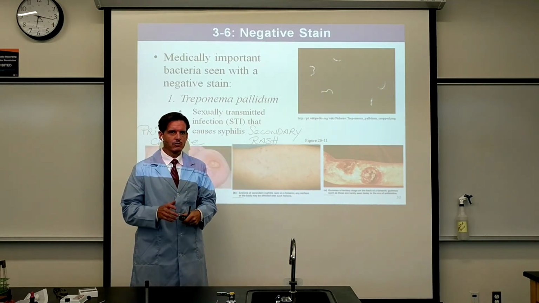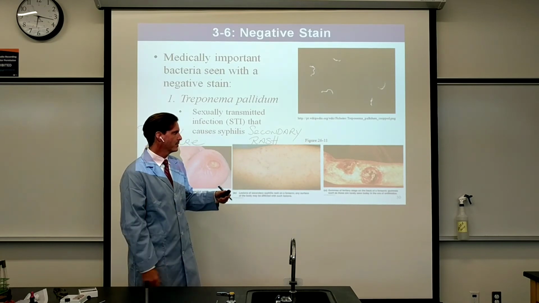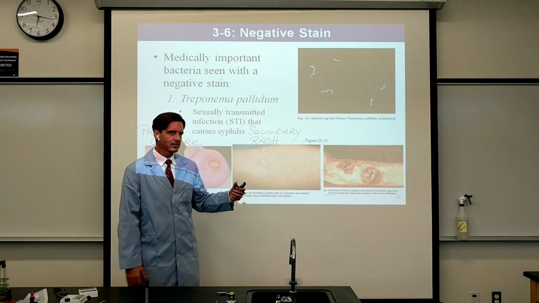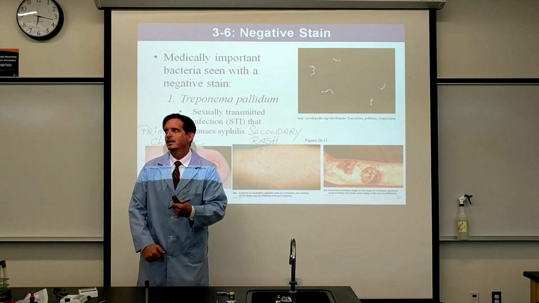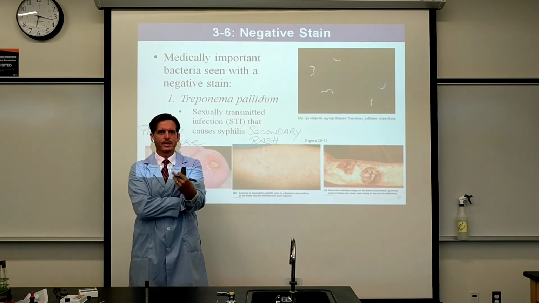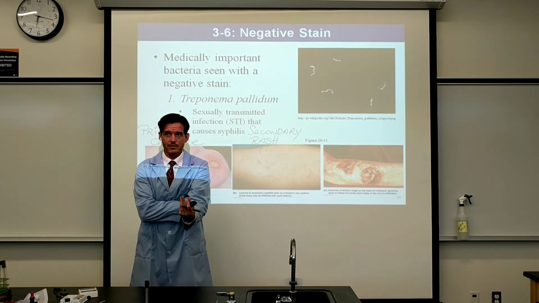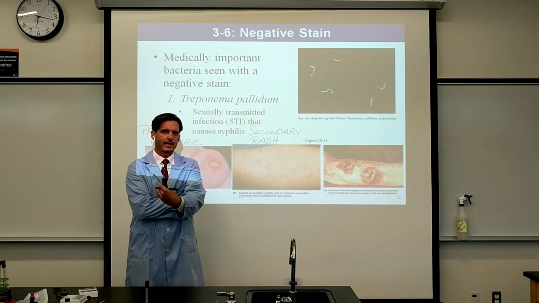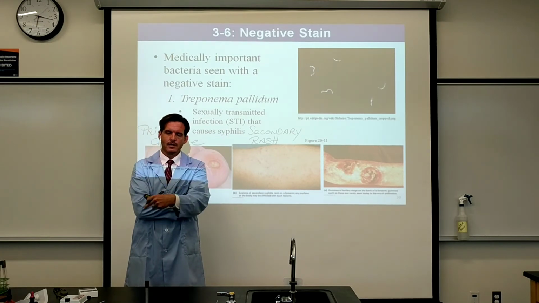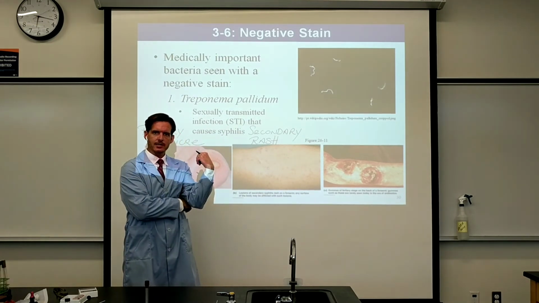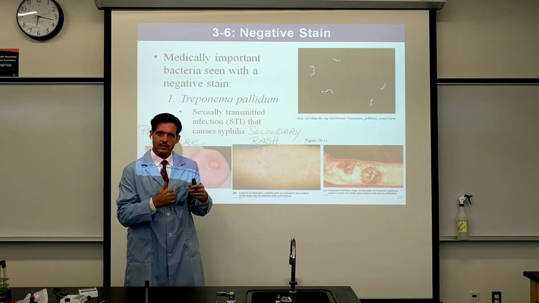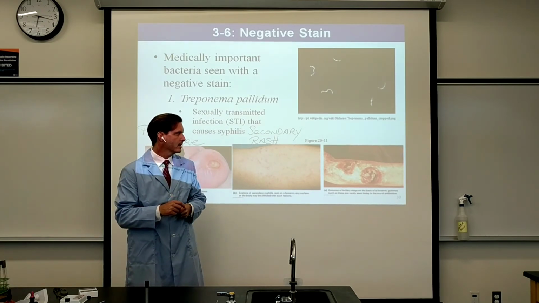There are other tests as well that can be used, but the RPR blood test is usually what they use. And that's the one also that they'll test for before you get a marriage certificate, at least in the state of California. You get an HIV test for AIDS. You can get this test to make sure syphilis is not at work in your body.